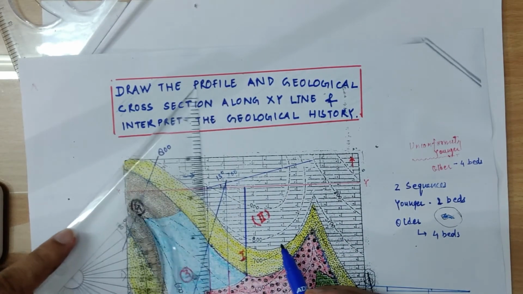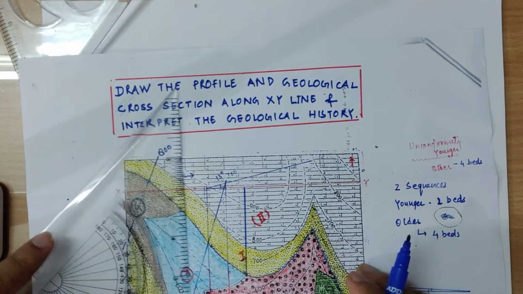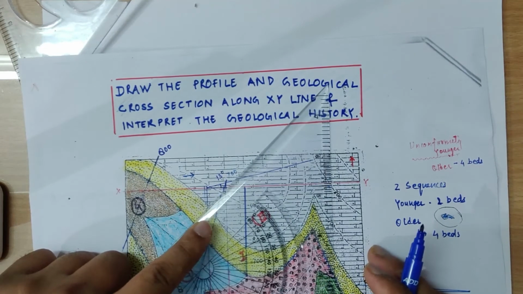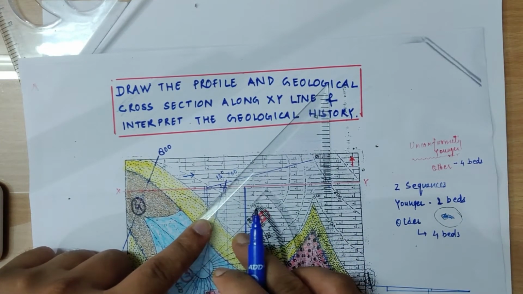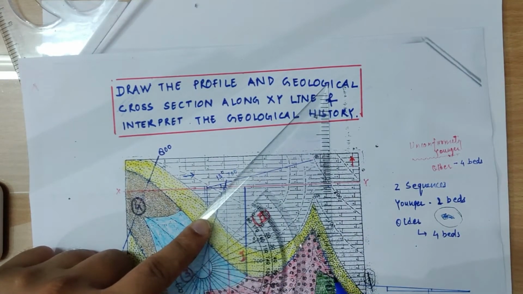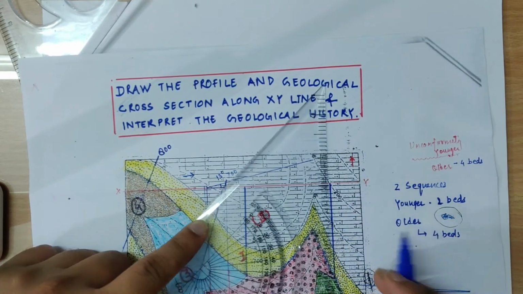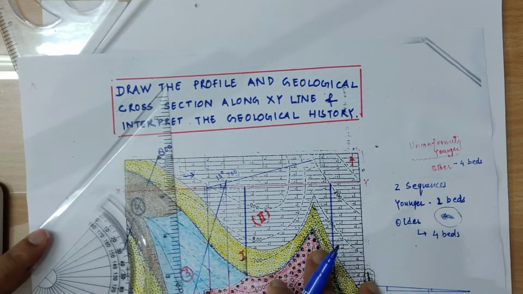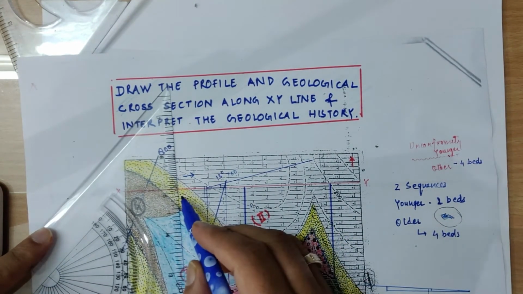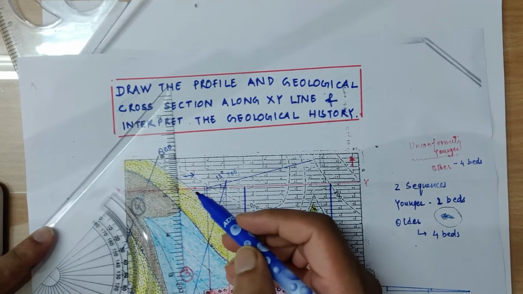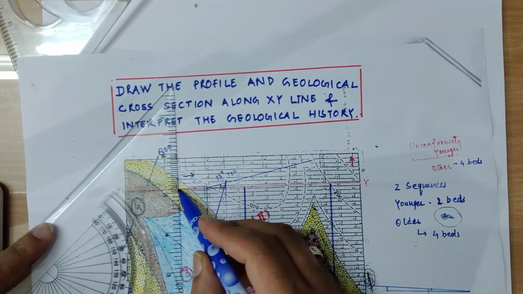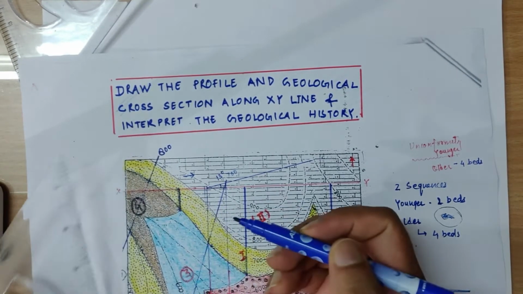So this will come like this. Similarly, this line parallel to this particular strike line will come somewhere here, and similarly the third trace will also come like this.